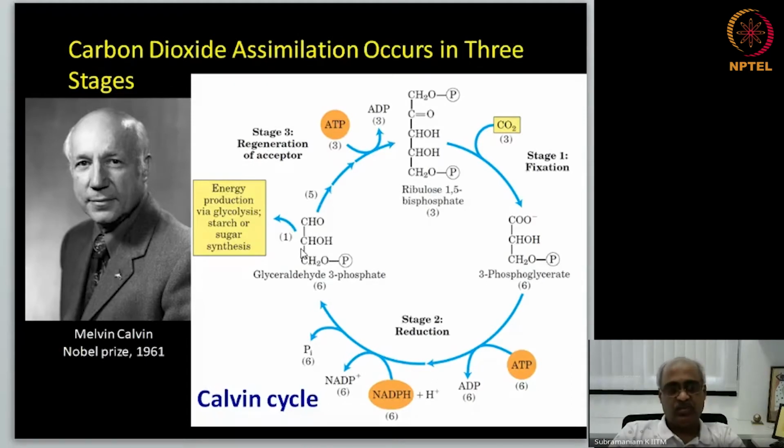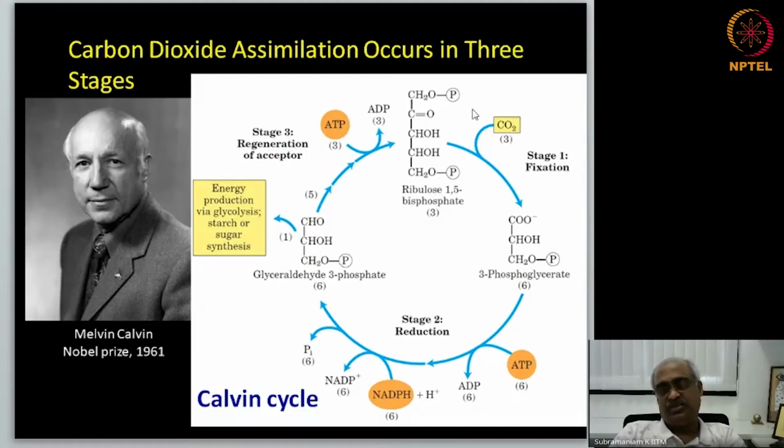Out of the 6, 1 is the net gain, balancing the 3 carbons entered in the form of carbon dioxide, and the other 5 are converted into 3 5-carbon sugars, this Ribulose 1,5-bisphosphate, that is the entry, and that regeneration requires ATP. For every molecule of Ribulose produced, you have 1 ATP hydrolyzed, therefore for 3 of them, 3 ATP.